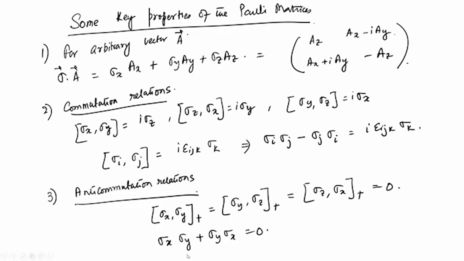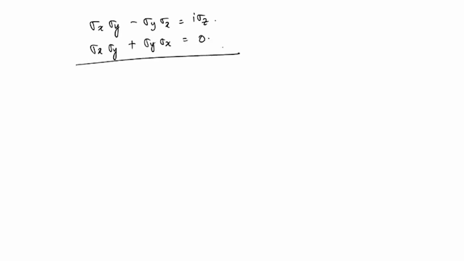And if you combine these commutation and anti-commutation relations, then you get something nice, because let us see for one of them. So, sigma x sigma y minus sigma y sigma x is equal to 2i sigma z, that is for the commutation relation, and for the anti-commutation relation we have sigma x sigma y plus sigma y sigma x, this is equal to 0, and if you add both of them, then it gives you 2 sigma x sigma y, this is equal to 2i sigma z.